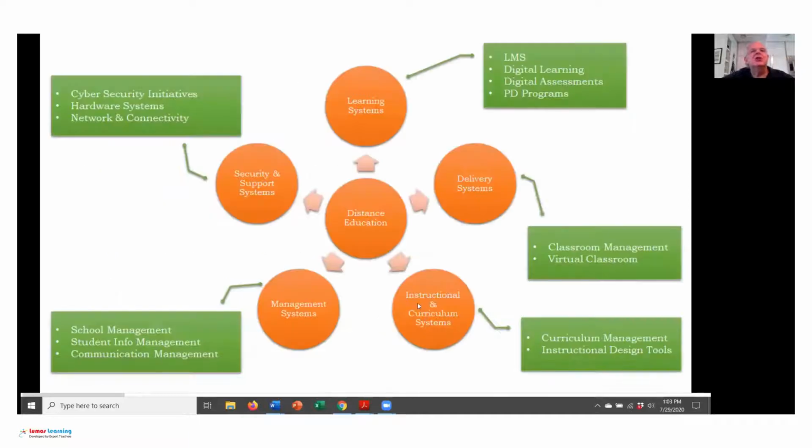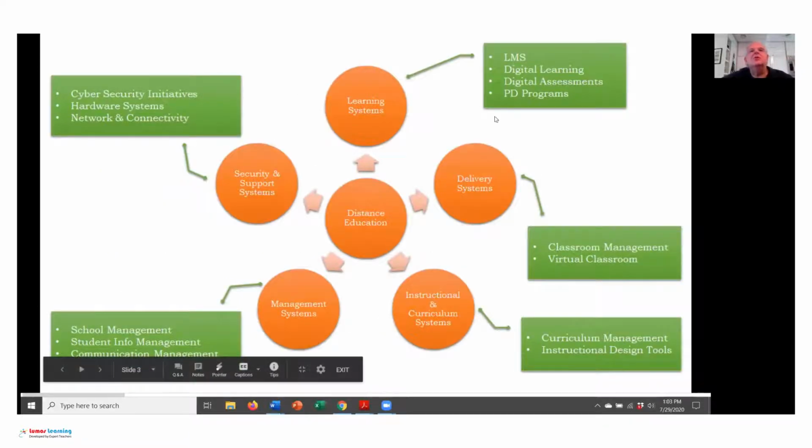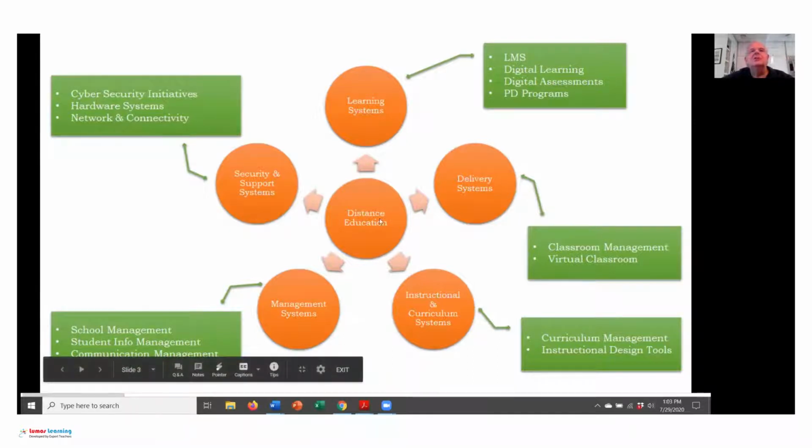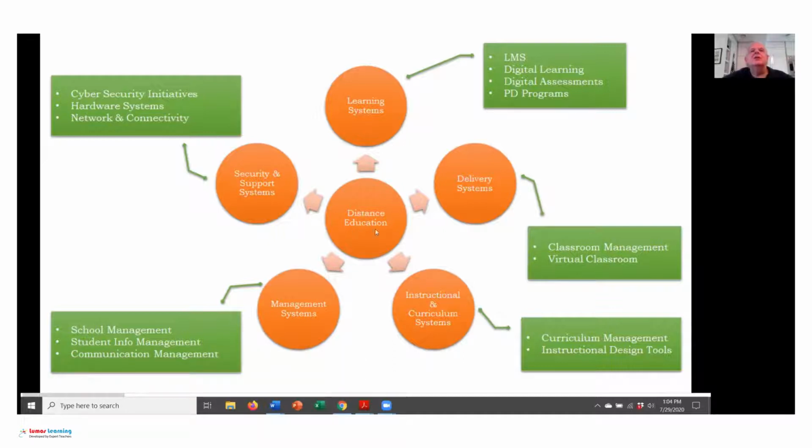So just to review our clock chart of the entire system, this entire thing is the distance learning system, universe, ecosystem, whatever you'd like to call it. We can start up here. There are the learning systems: the learning management systems, digital learning, digital assistants, professional development programs.